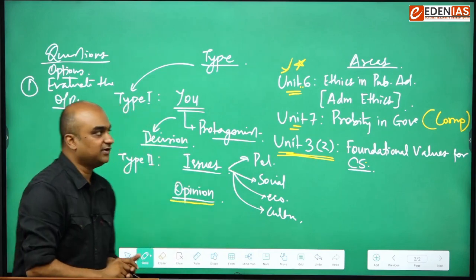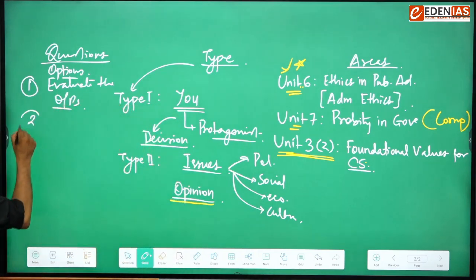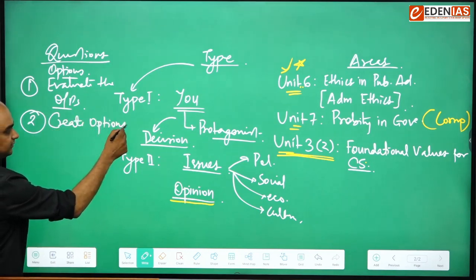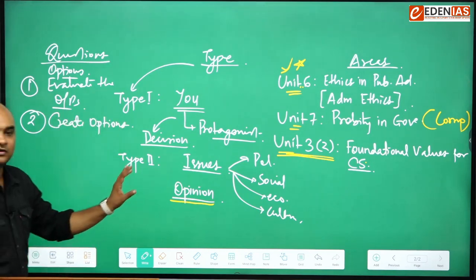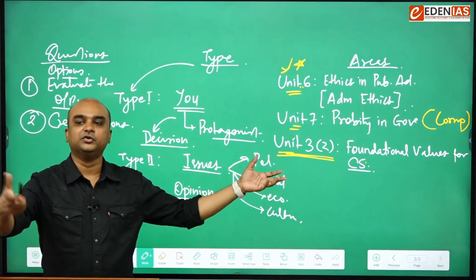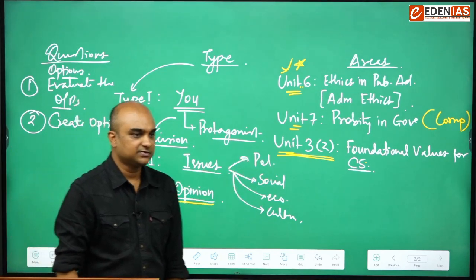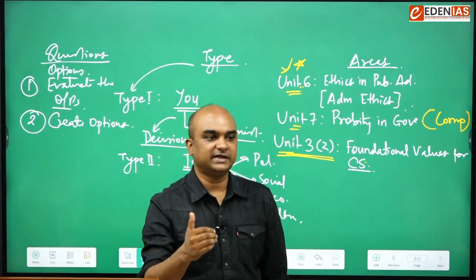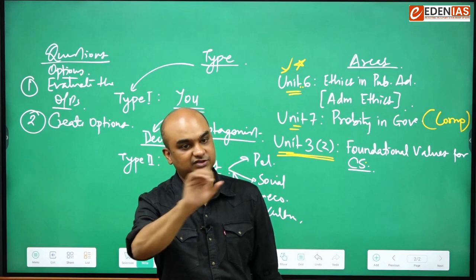Second is where no options are given to you, but you have to create options. The question would be simply, under such circumstances, what would you do? Something like that. So there you have to highlight which are the different options that are available to you under such scenario.